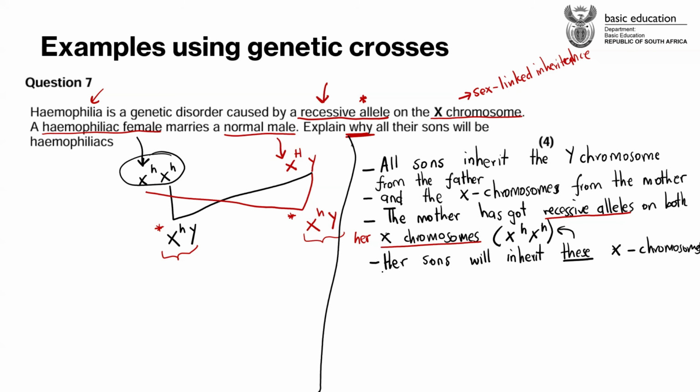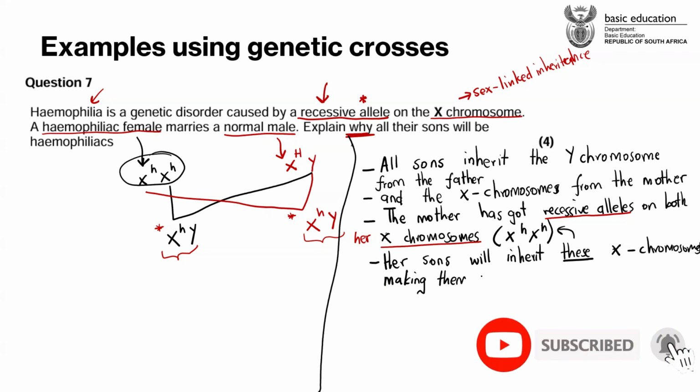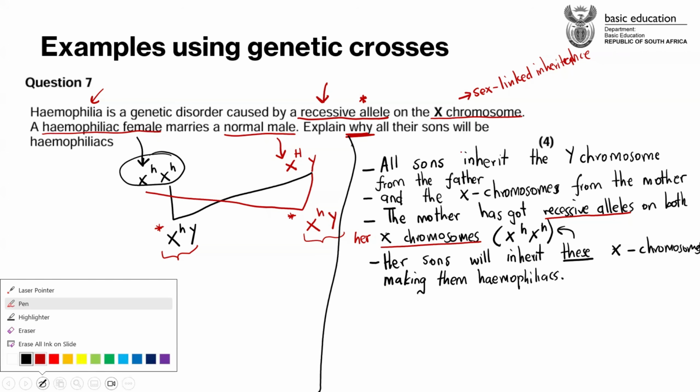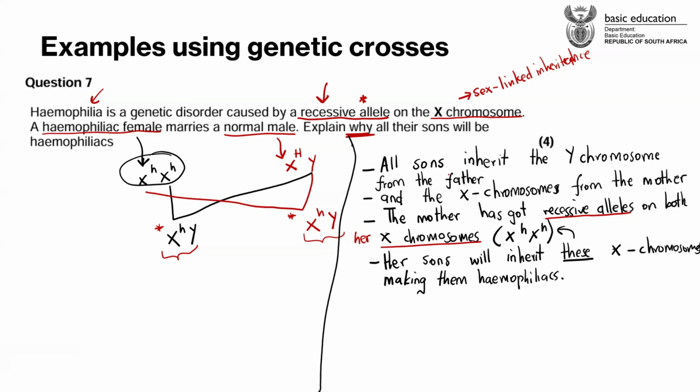You can use your English now, guys. So you can say making them hemophiliac. I'm sure you're explaining why all the sons are going to be hemophiliacs, right? You explain that all sons inherit the Y chromosome from their father, and then they inherit the X chromosomes from their mother.